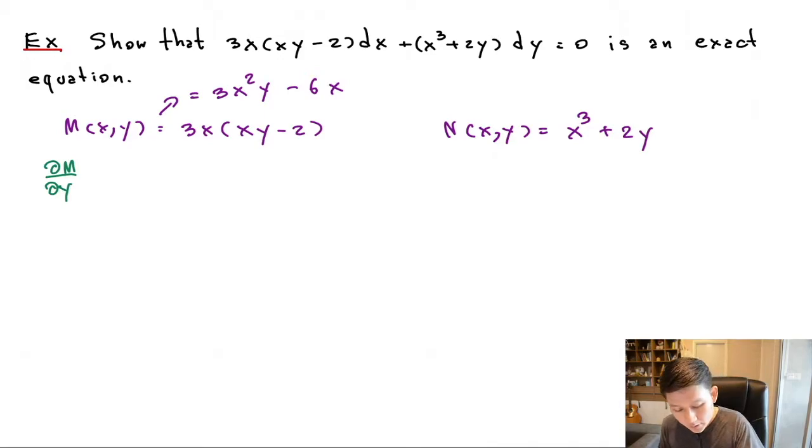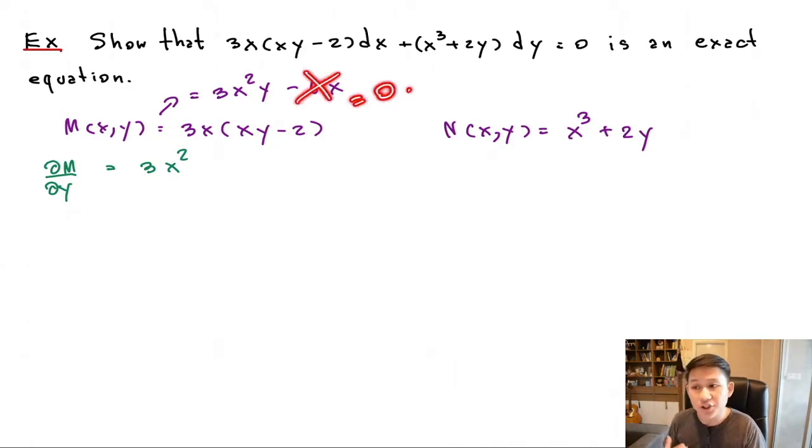So this is just a constant, right? If you take the derivative by y, this is just 3x squared, and the derivative of this is just 0 because it's just a constant. If you take the derivative by y, x is just a constant.